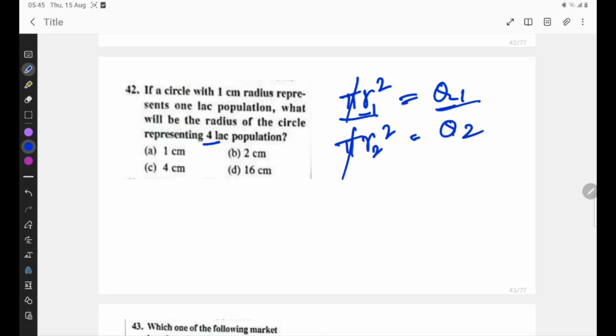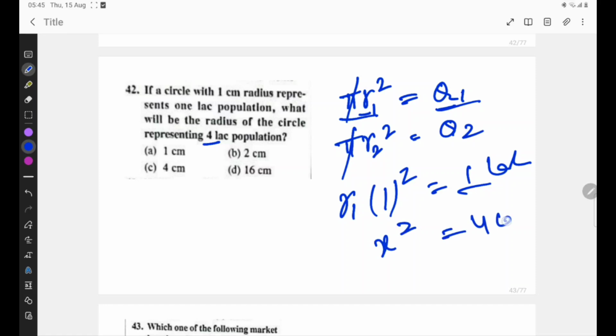So pi and pi will cancel out, and r1 here is 1 square which will represent 1 lakh population, and so x square will represent 4 lakh. So this x square means 2 square will represent 4 lakh population. So the correct answer is B, 2 centimeter. Let's move on to the next question.